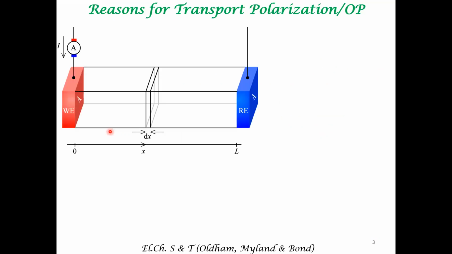In cases where we looked at one-dimensional analysis, the type of cell we are thinking is something like this, a trough cell. There is a planar working electrode, and there is a planar reference electrode of equal size, same as the working electrode, and there is no variation in this direction and in this direction.